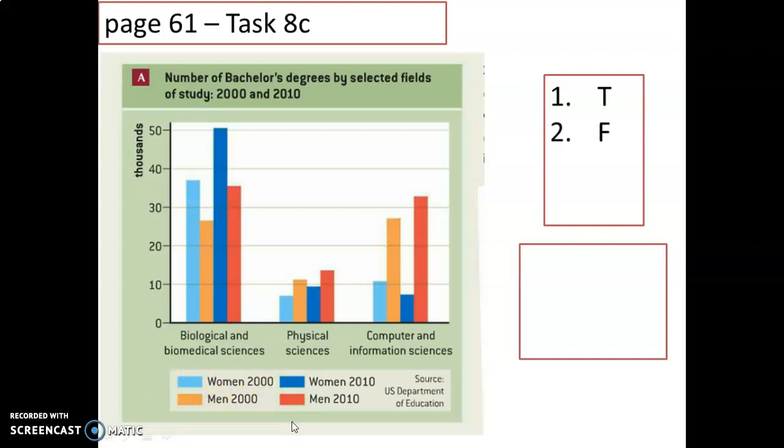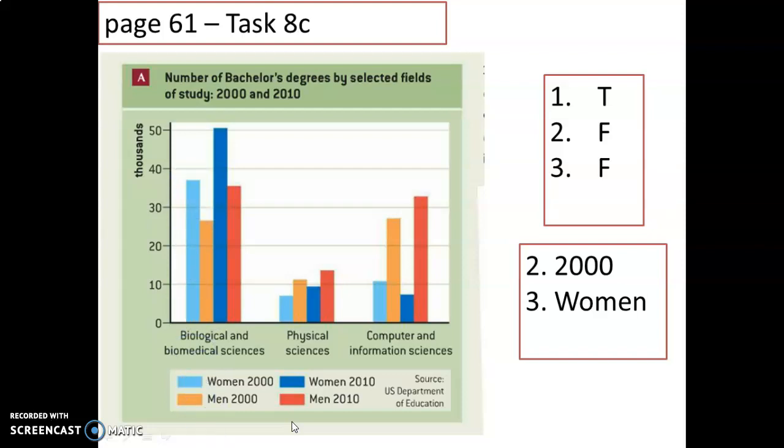But the second one is false because it's the number of women in 2000, not 2010. The third one is also false because it's not men, it's women who is around 37,000. And men, as you can see, is about 26,000 here.